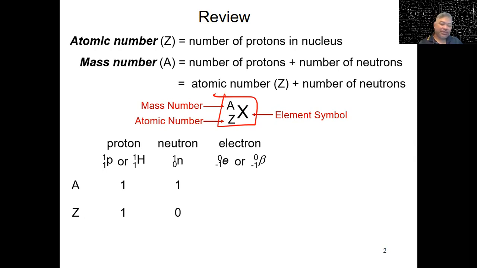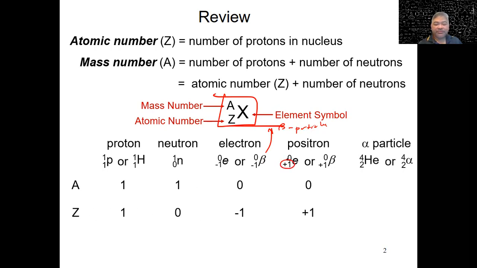So you can write it as an electron or the so-called beta particle. Now, if you have a positive electron, a beta particle there or an electron that has a positive charge, you have there the so-called positron. Positron is just what?